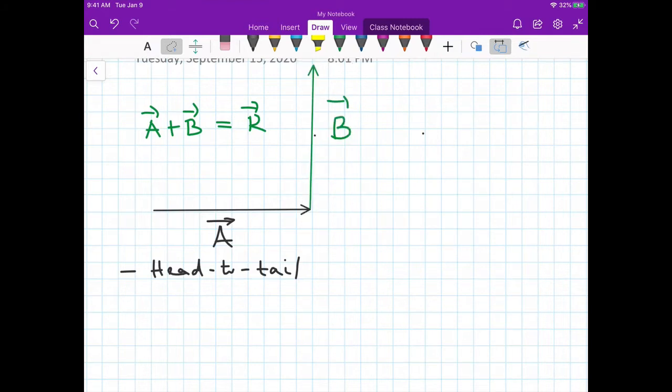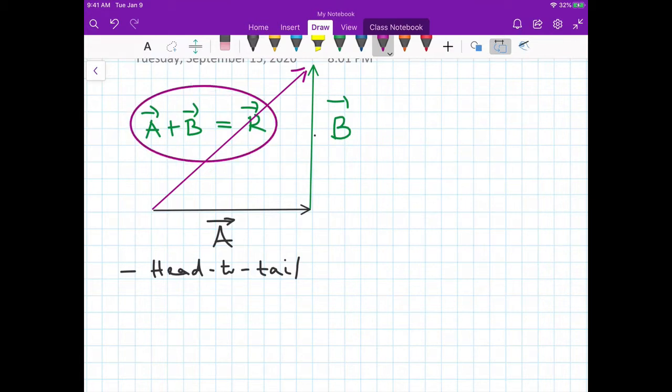The resultant vector is the vector that runs from the tail of the very first vector to the head of the last vector. The one that I just drew in a different color is known as the resultant vector, this guy. Then the angle can be represented by theta.